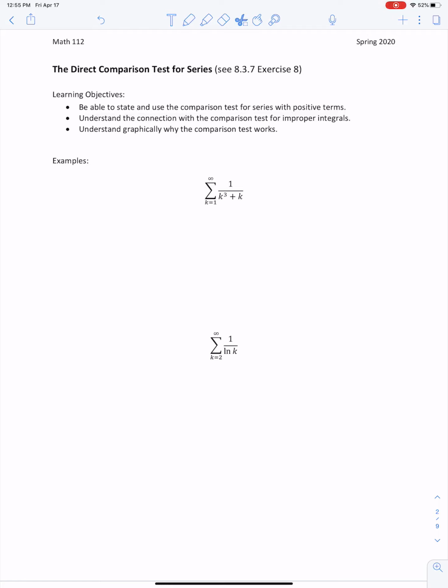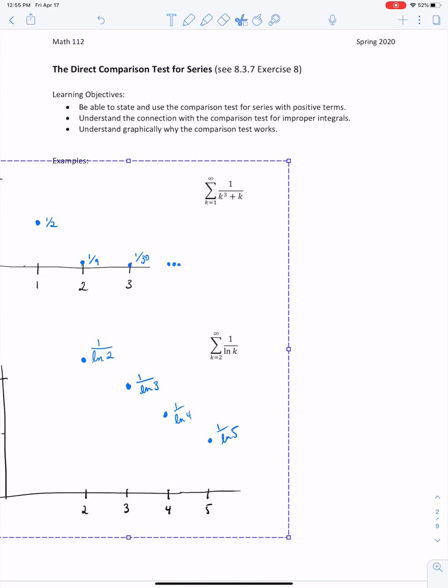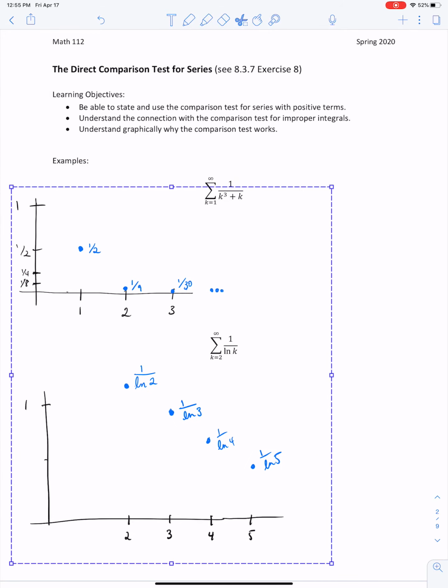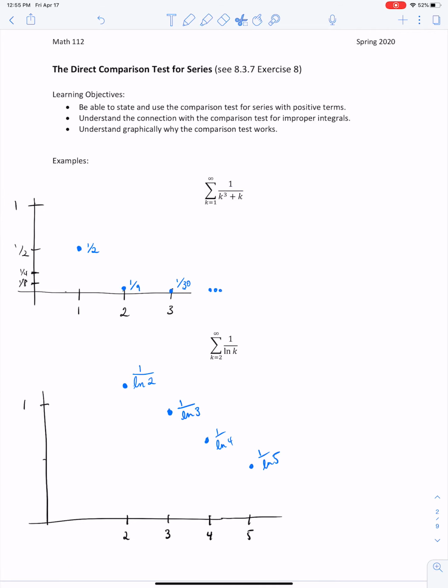I've gone ahead and sketched the 2 series here so that we could look at those. With the comparison test, what we're interested in is finding a similar series whose convergence or divergence we do know, that can help us determine our series. This is very similar to the comparison test for improper integrals.